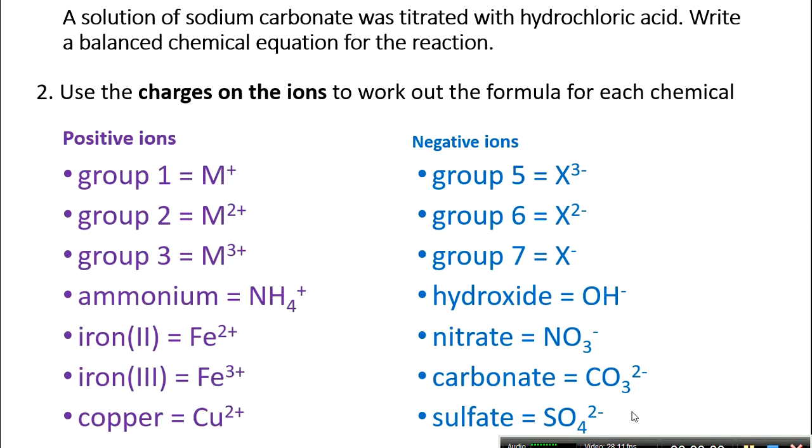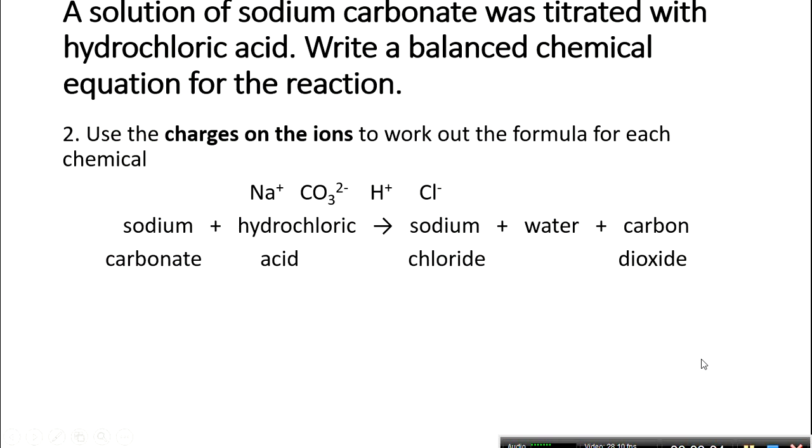So we need to use those now to be able to write the chemical formula for each of the bits of the equation. Looking at the sodium carbonate then, the sodium's got a 1 plus charge, whereas the carbonate has got a 2 minus charge. Now overall the formula has to balance in terms of the charge.